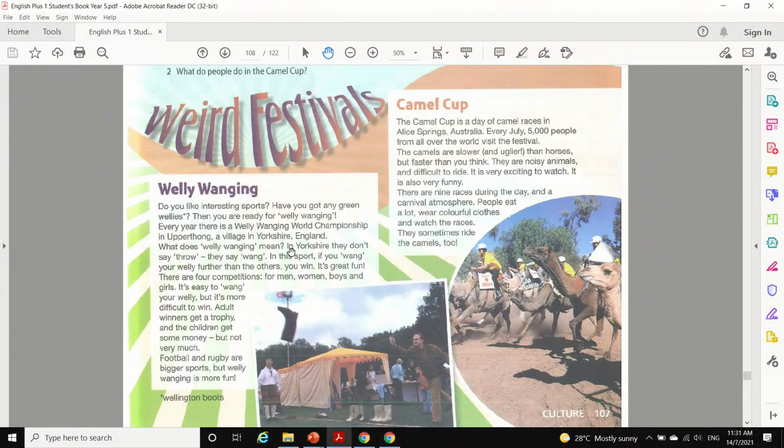Okay, so for this one, every year they will have this competition. So every year they will have the welly wanging world championship. Okay, it's a world championship. 是世界的啊。OK，世界的一个比赛来的。所以他们是怎么样呢？他们丢他们的那个靴子。OK, they will throw, they will wang their Wellington boots.